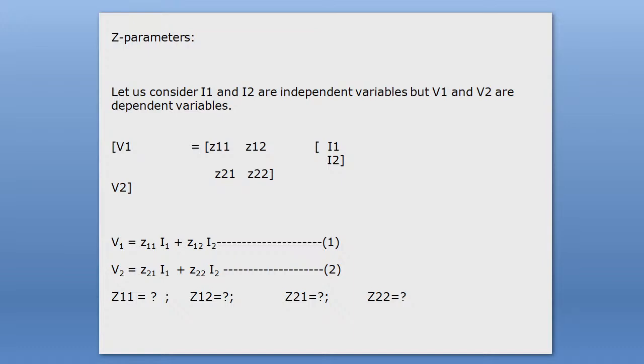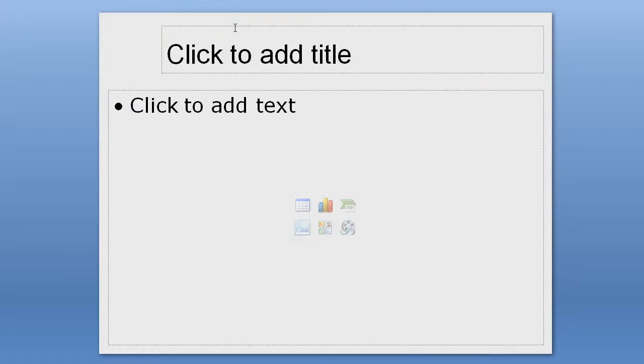Everyone try to write the expressions of these parameters from equations 1 and 2 in terms of voltage and current. I already told you that Z is the impedance parameter, the open circuit impedance. Impedance means the ratio of voltage to current. So write yourself the expressions of Z11, Z12, Z21 and Z22. If you face any problem, I will help you.